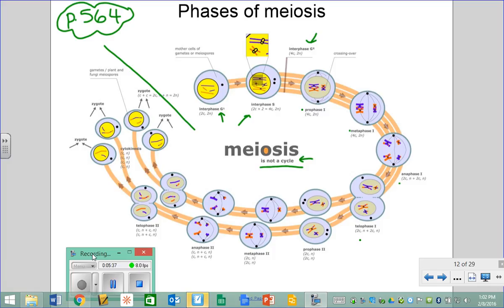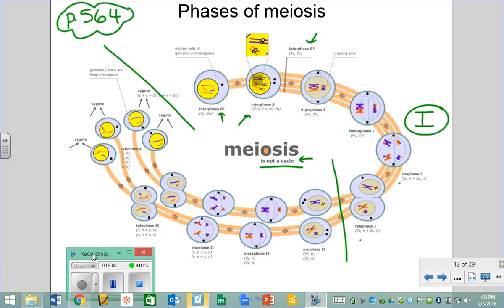The same four names for steps, which means what's happening in them is very similar. Then there's a point where I start over again. So I went through interphase, then I did prophase, metaphase, anaphase, telophase. That whole first chunk is what we would call meiosis 1, where it goes through the steps one time.